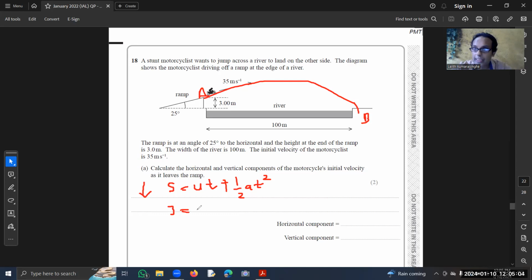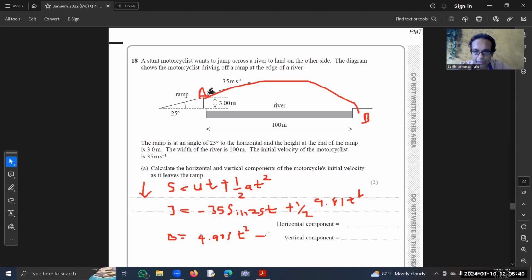Initial upward velocity, since I'm putting down, it should be negative: minus 35 sine 25 t, plus gravity will be plus half 9.81 t squared. So I'll take everything to this side. 9.81 divided by 2 is 4.905 t squared.